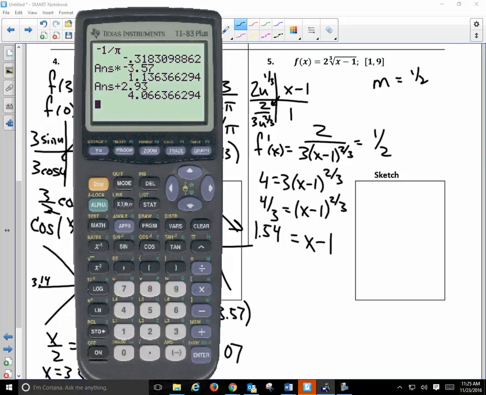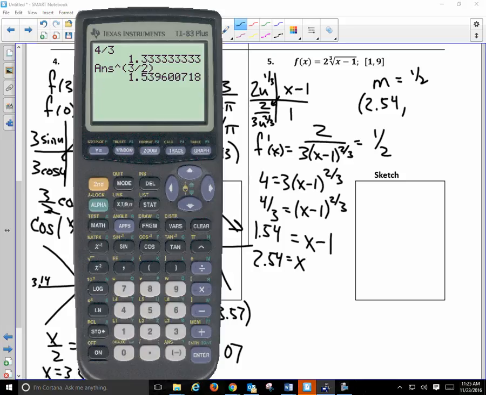If you take 4/3 and you raise that, then you have to make sure that you put the 4/3 in parentheses too if you list the whole thing, because you want the fraction raised to the 3/2 power. You can see that you get the 1.54. Add the 1, you get 2.54 is equal to x. So we have 2.54 as our x value.